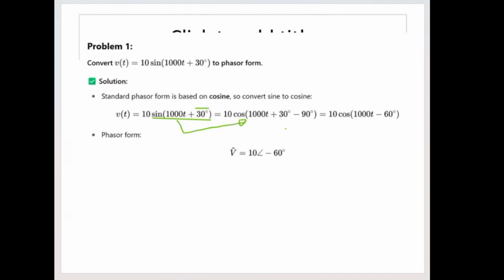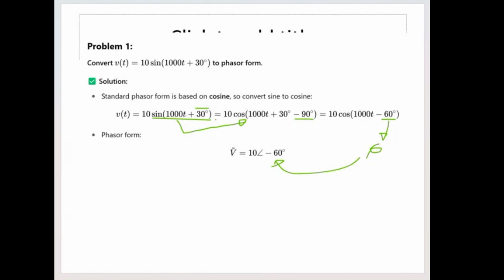And as you know, sine of omega t is equal to cosine of omega t minus 90 degrees. Now adding that, 30 minus 90 reduces to minus 60. And now I can pick this as the phase angle phi, which can sit here, okay?